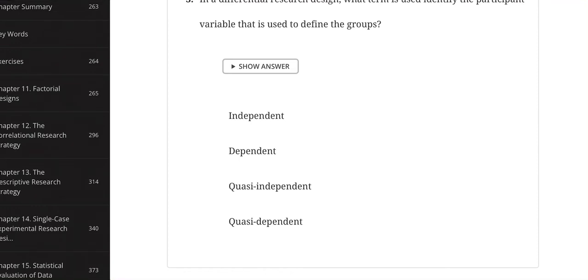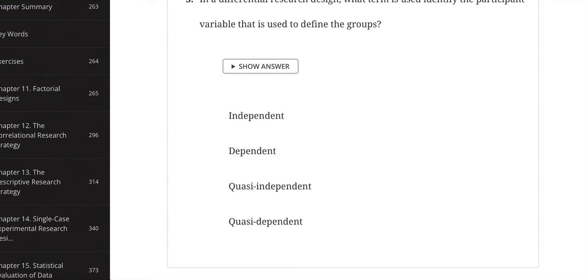And if it's a participant variable, then it is not being truly manipulated. And remember, differential is not a true experimental design. It is non-experimental.